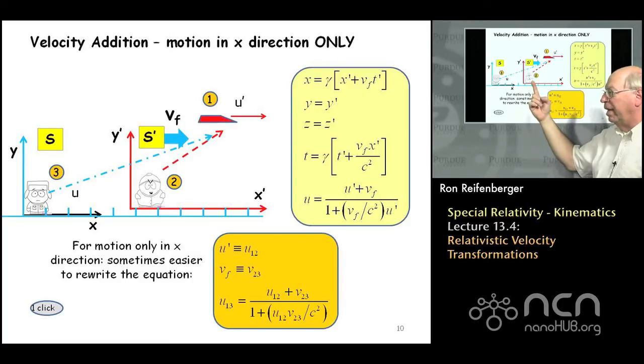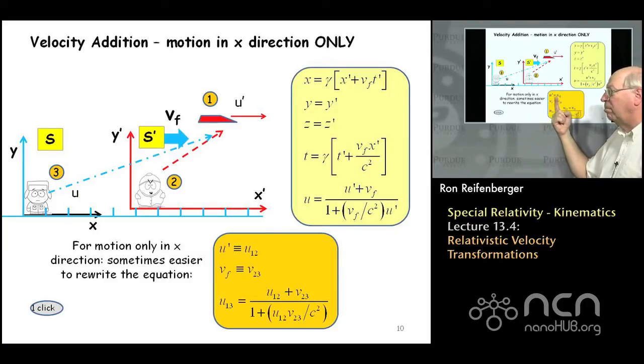I refer to the velocity of the S prime reference frame as 2. And the measurements made in the stationary reference frame, I refer to as a subscript 3. That allows me to transform these symbols u prime and v sub f into quantities that read like u sub 1, 2.